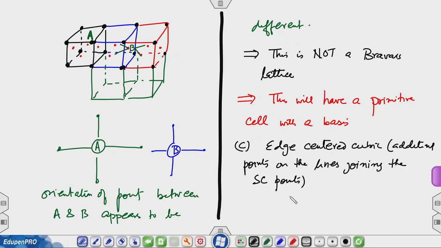So, what you have here is this simple cubic lattice, and additionally you also have these points right here.